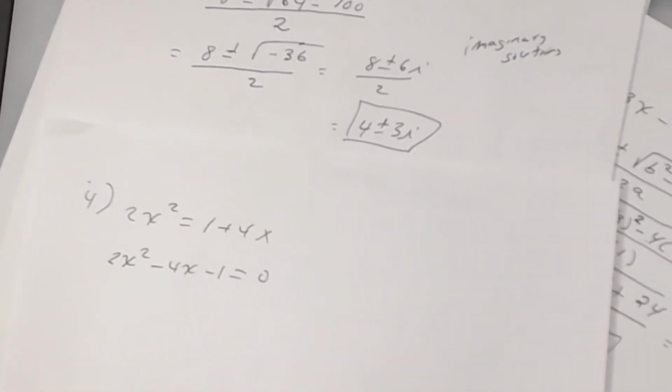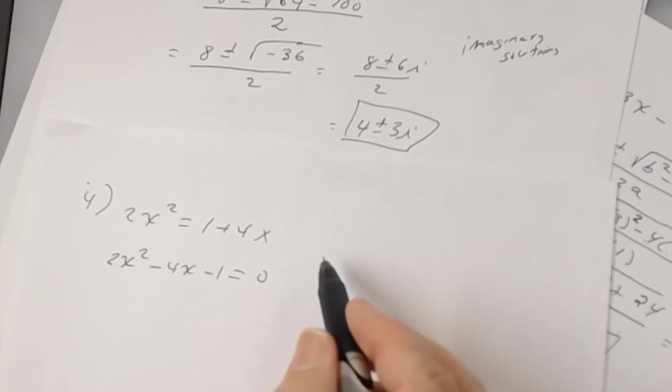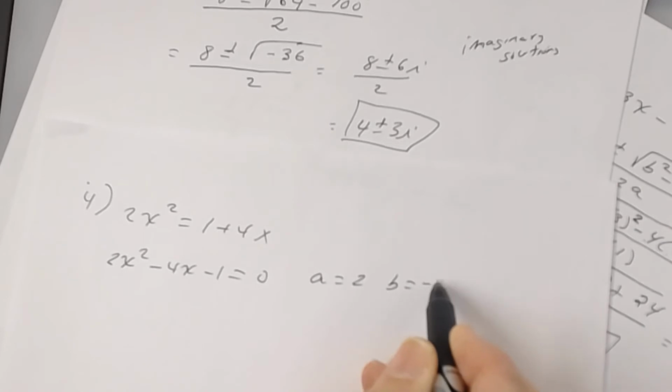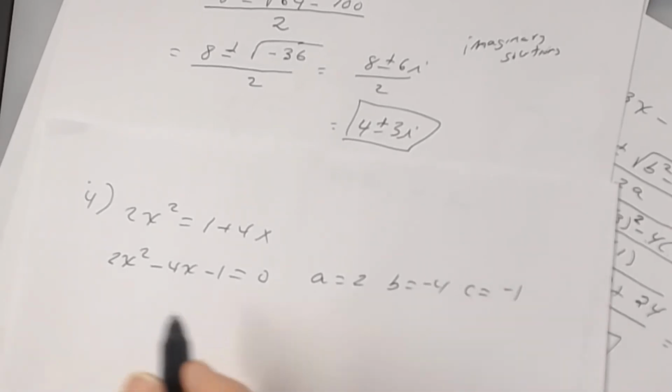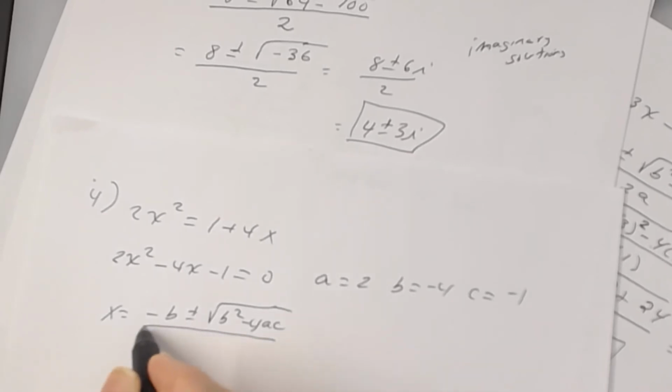Equals 0. Okay, direction says use the quadratic formula, so what's A? What's B? And what's C? -1. Okay, so I get x equals the opposite of b, plus or minus the square root of b squared, minus 4ac, all over 2a.